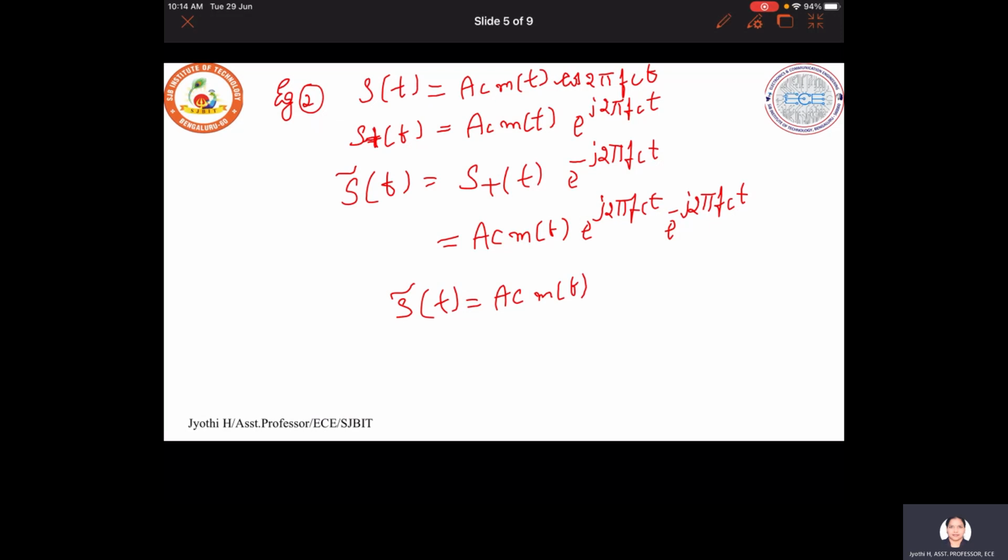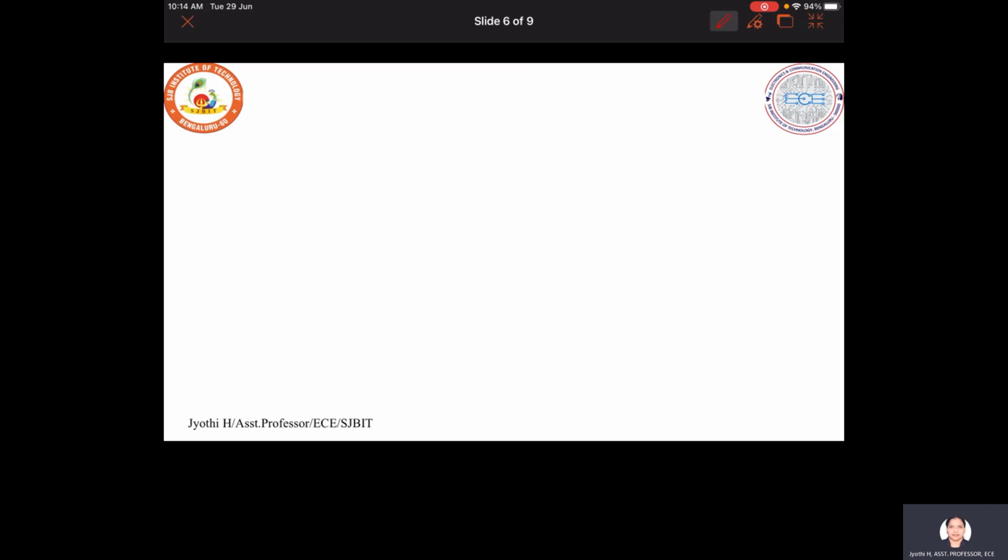Let me consider the third example. That is x of t is equal to Ac times cos of omega ct minus b sin omega ct. Now I take the x of t signal, which has cos and sin, and write it in terms of exponentials.